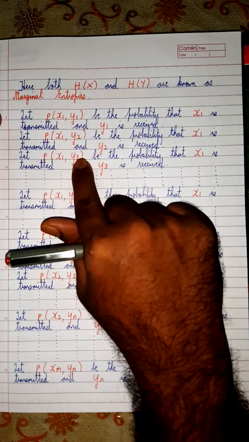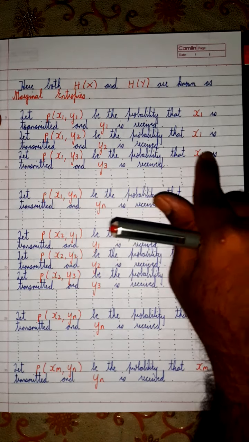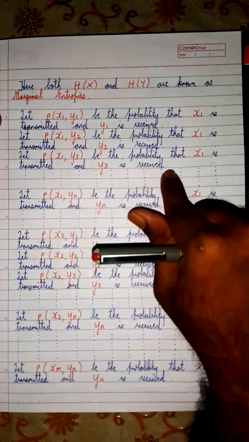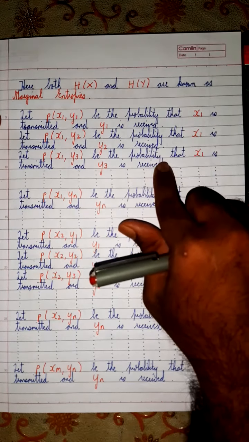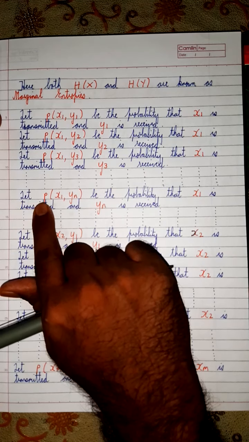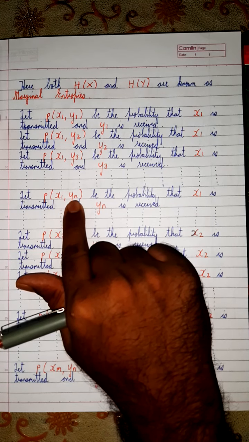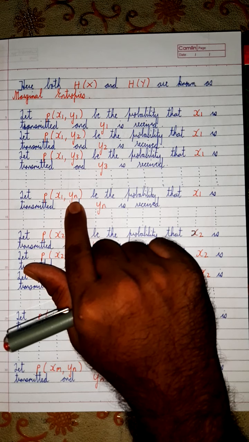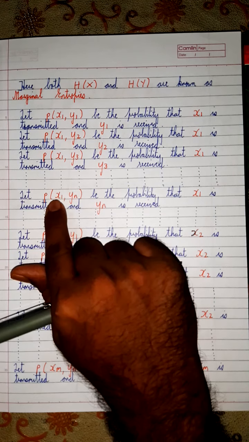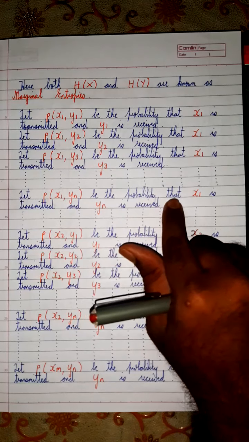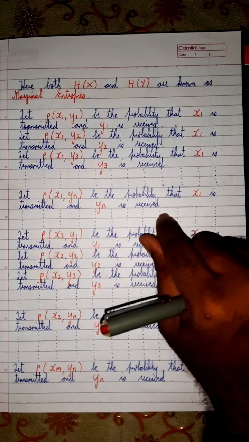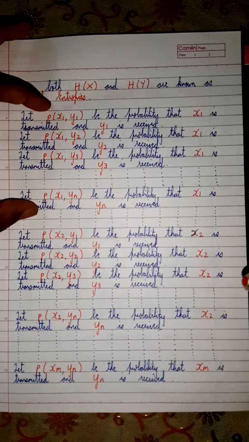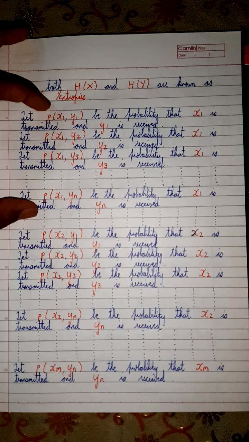Let P(x1, y3) be the probability that x1 is transmitted and y3 is received. And likewise, if I go for every value of y, at the end, since there are a total of n received symbols, let P(x1, yn) be the probability that x1 is transmitted and yn is received. So this much probability is there when x1 is transmitted and the received symbols are all y.